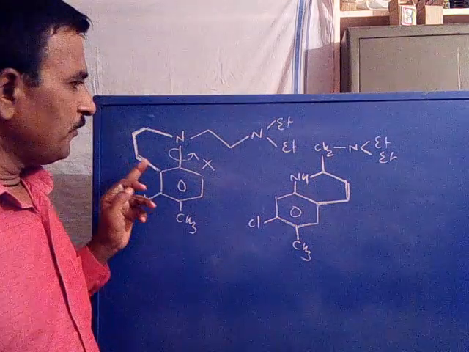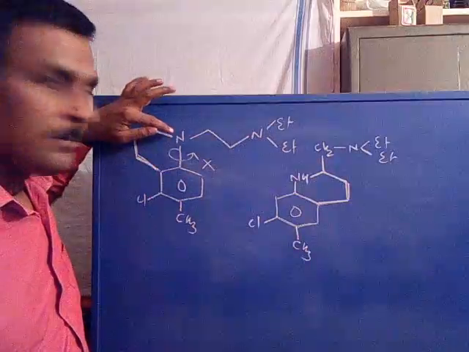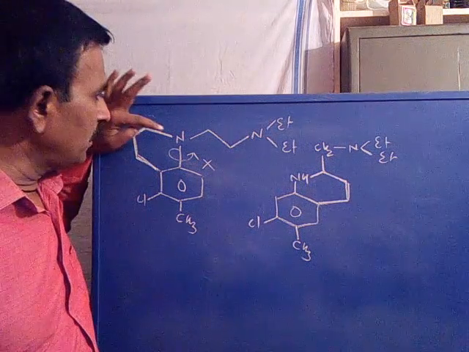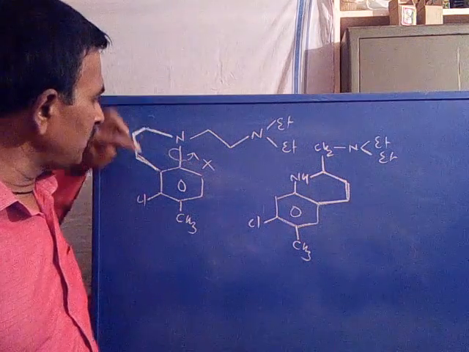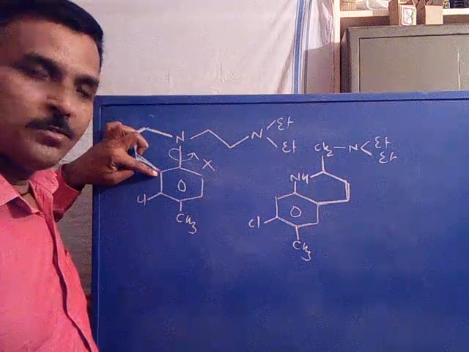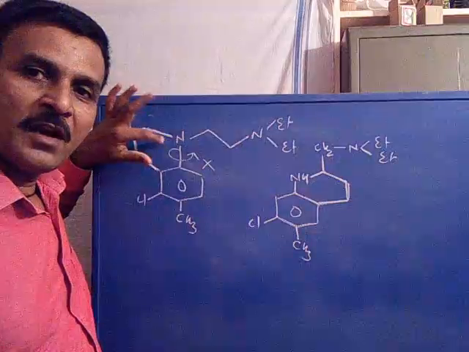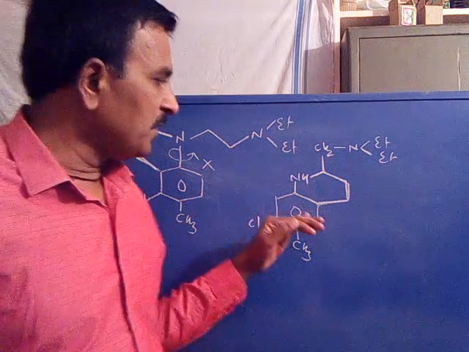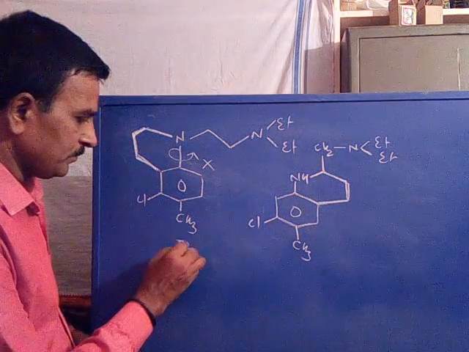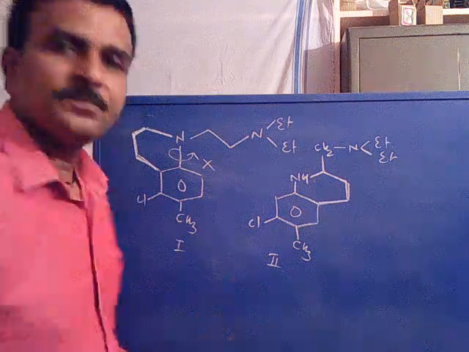The first way, in the earlier structure, the nitrogen and ortho carbon of myrcene were substituted with this fragment to restrict the rotation of the carbon-nitrogen bond. Now, this is the first structure, this is the second structure.